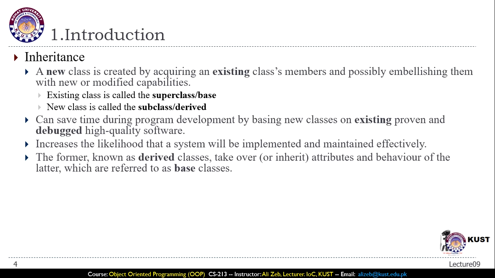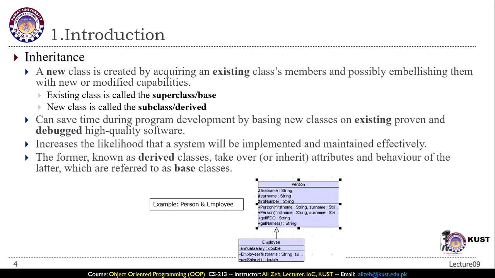So these are inherited or taken over by the subclass, which means that we can access the attributes and the behavior of the superclass in the subclass now. When we look at access modifiers, we will see that we may not be able to directly access the private variables of the class, but we have seen previously that we can access the private data members through the public methods within that class, and we'll see this in the examples in this lecture again.